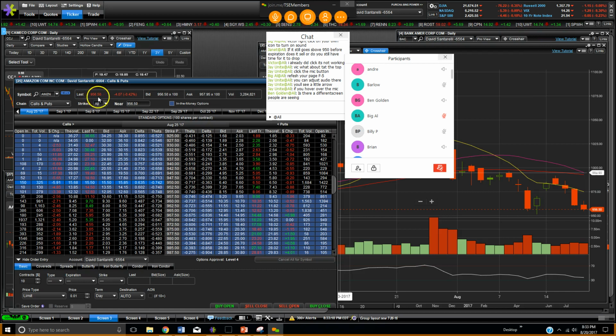If Amazon dropped $1 and went down to 949, that means this 950 strike put is going to increase by 36.3 cents. So instead of being worth $6.50, it's going to be worth $6.86 if Amazon dropped $1.